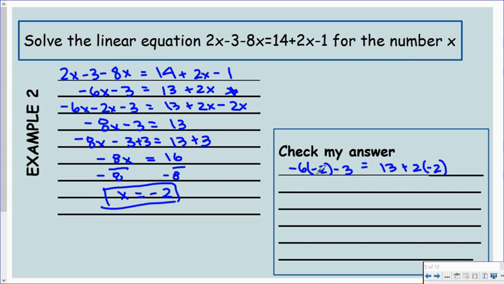So negative 6 times negative 2 would be 12 minus 3, and I have 13 minus 4. That's going to give me 9, and then also 9 on this part. That checks out. So x equaling negative 2 is a solution for this linear equation.